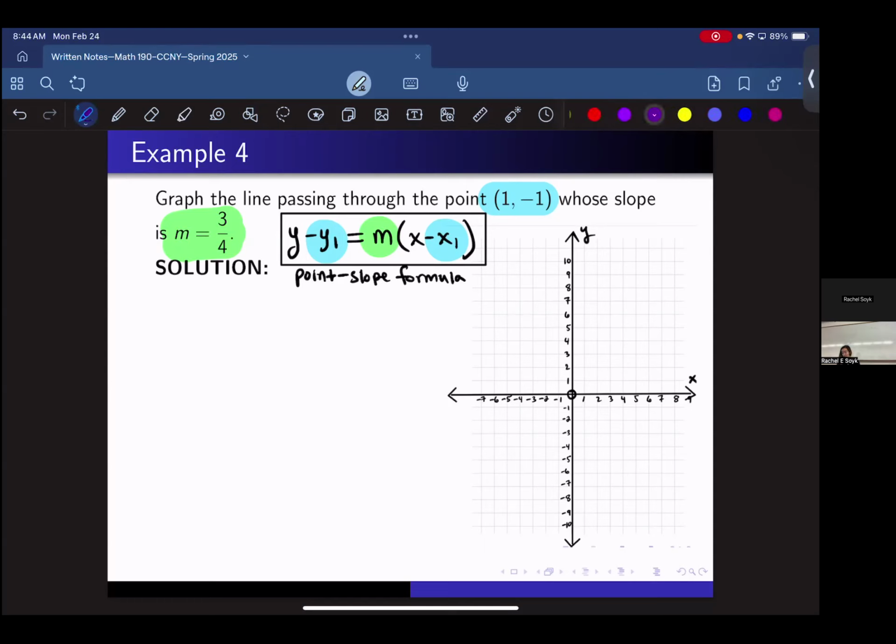Again, my 1 comma negative 1 is just our x1 comma y1. So we're looking at y minus our y1, which is negative 1, is equal to m, which is given to us as 3/4, in parentheses x minus x1, which is 1. Once again, I'll color code.